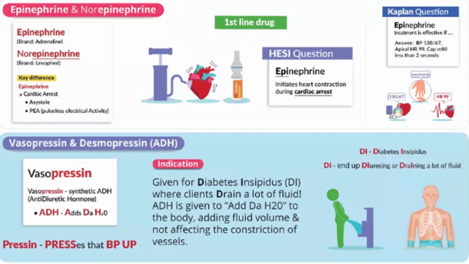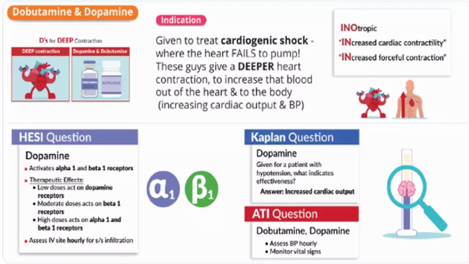Here's a little helpful hint if y'all can't read that. It says the ADH adds the H2O. I do feel like that is helpful. We haven't learned about diabetes insipidus yet, but that is a treatment that can be given for diabetes insipidus, not something you need to know right now. All right.